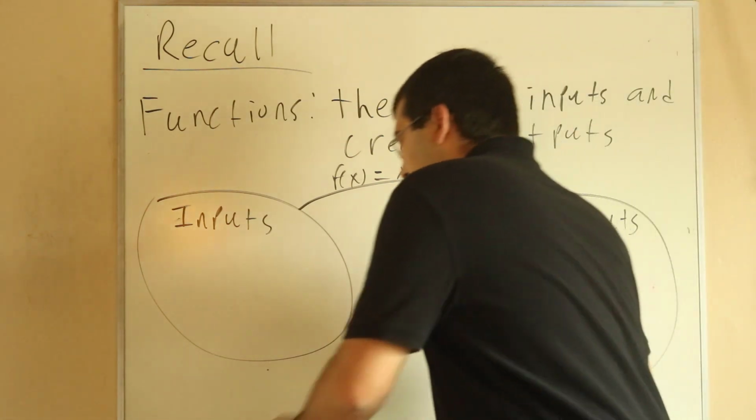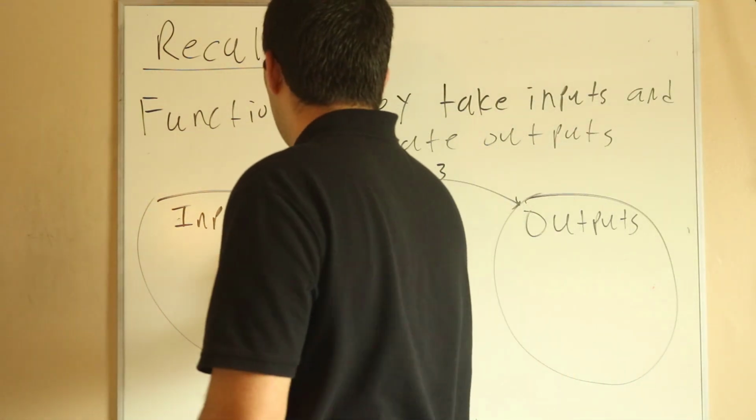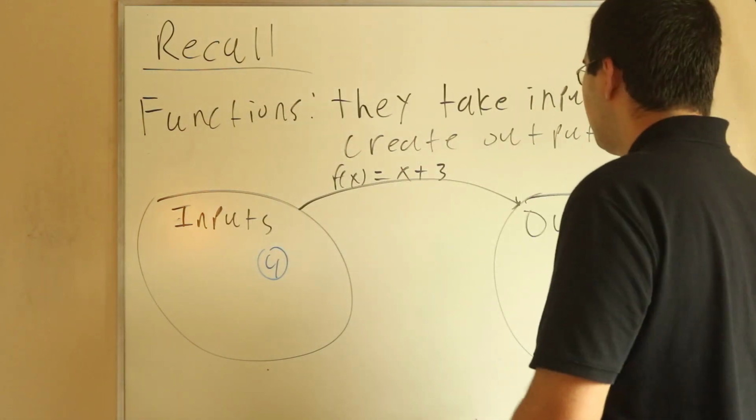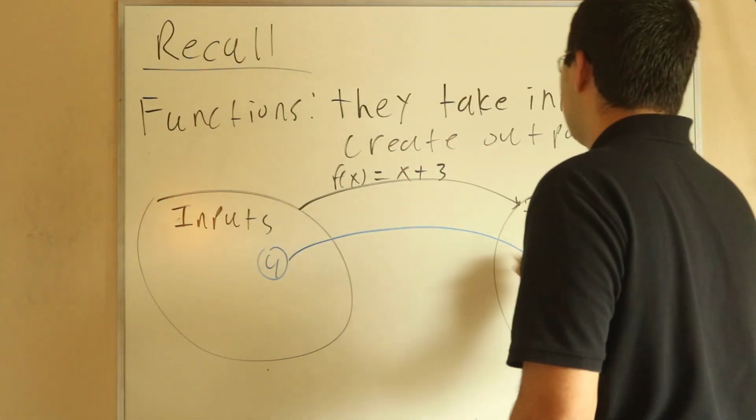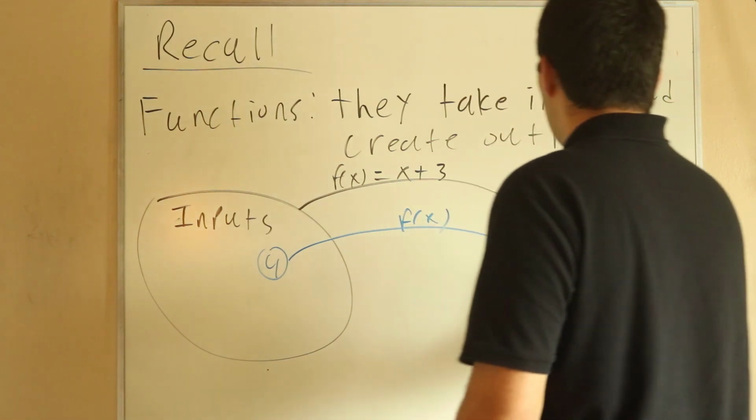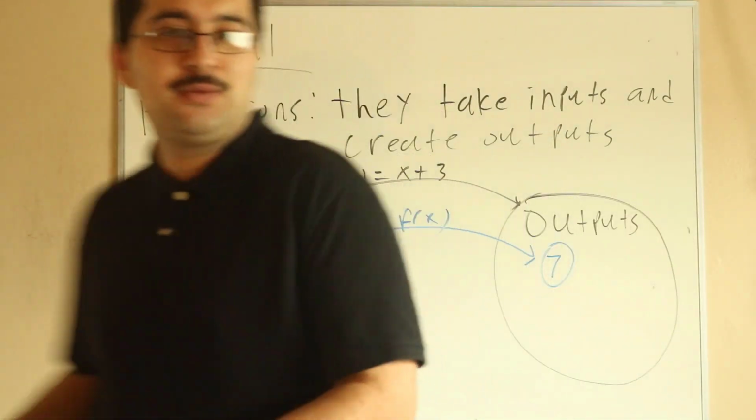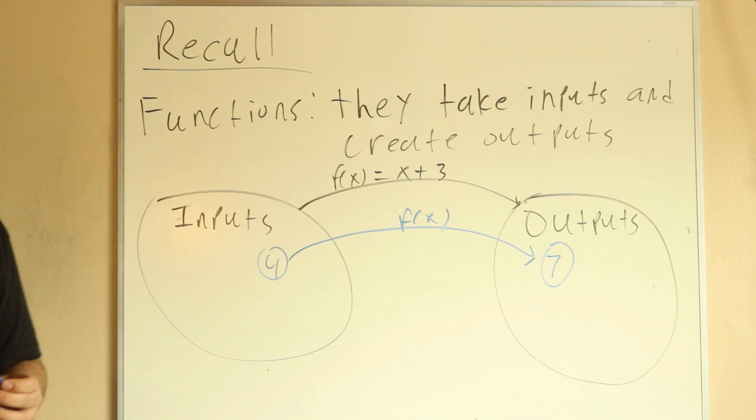So, for example, if we had the input 4, this would be mapped by the function f of x to the output 7, because 4 plus 3 is 7. That's how they work in general.